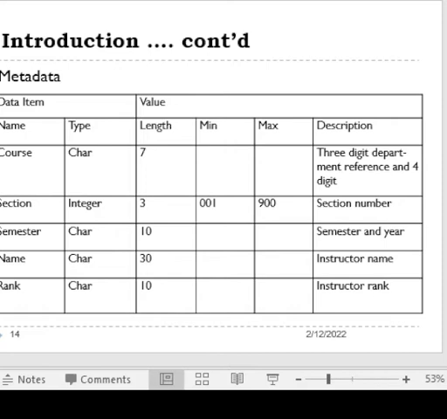Then there is no minimum and maximum. The first 3 digits are a department reference, and the 3 characters describe the department name, and a 4-digit number. Also, this section is written as an integer data type. The length is 3, minimum is 001, and maximum is 900. It is a section number. This description is what we call metadata.